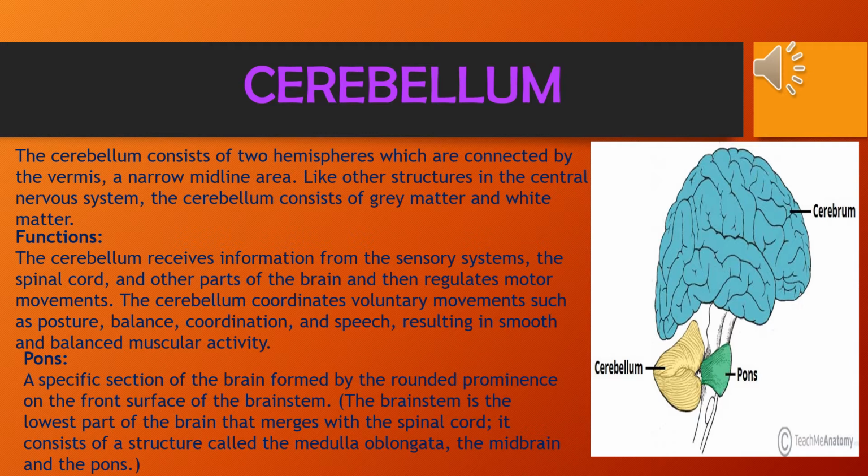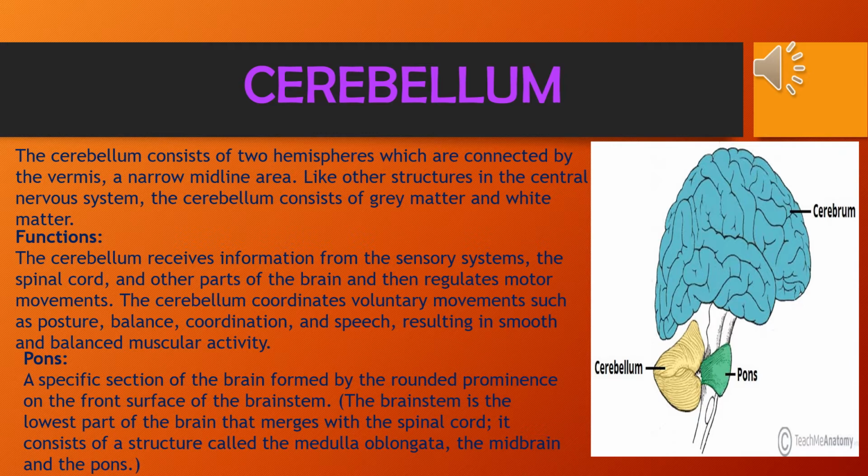If anyone got hurt from the back of the skull, that means at the position of cerebellum, maybe his or her balance has been lost for that, because cerebellum is responsible for balancing activity.